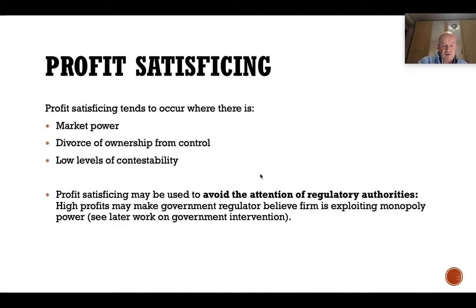It may well be that they then think the business is exploiting its monopoly power, and in that scenario they could start to put regulations in place to stop that from happening. So to some degree, businesses might choose to fly under the radar slightly, so not make super-normal profits, but just make enough so that they're not being flagged up to the authorities as making too much money.